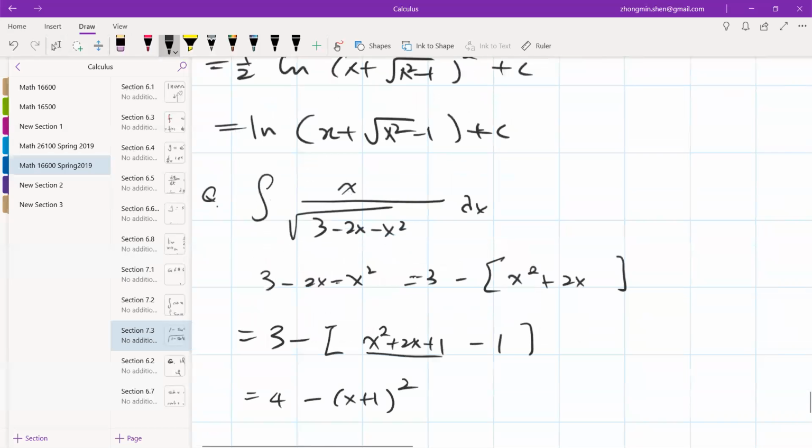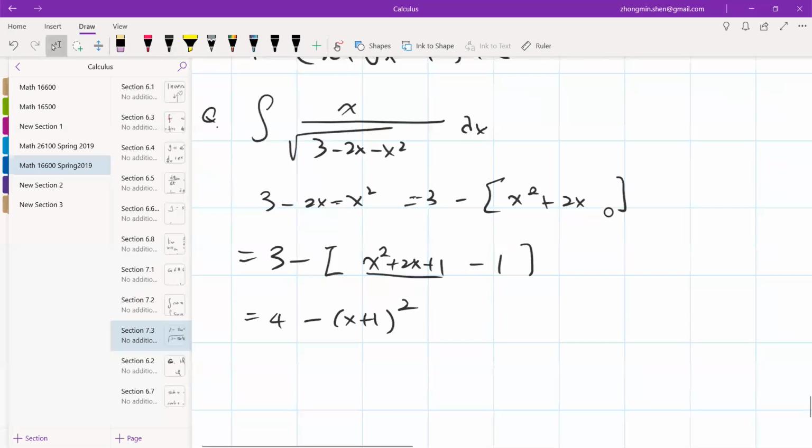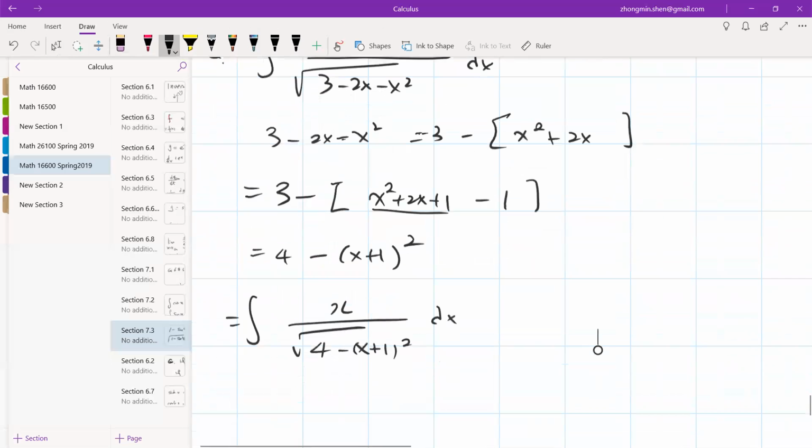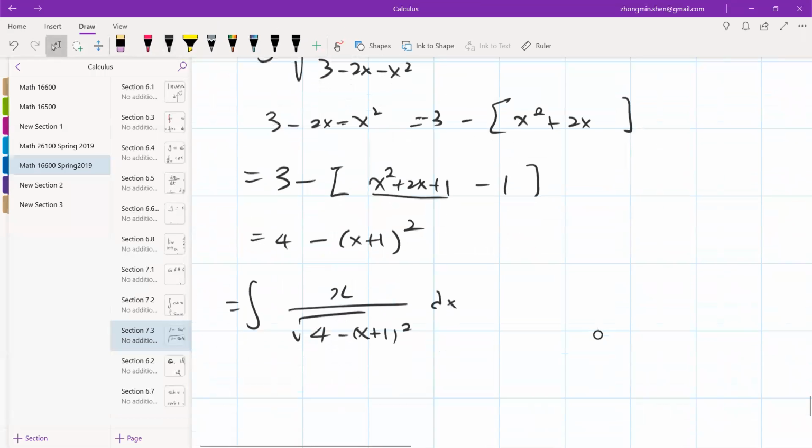Okay. So the above integral is going to be the integral of x over the square root of 4 minus (x plus 1) squared, dx. Then this looks like a pretty standard formula. So you let u be x plus 1.